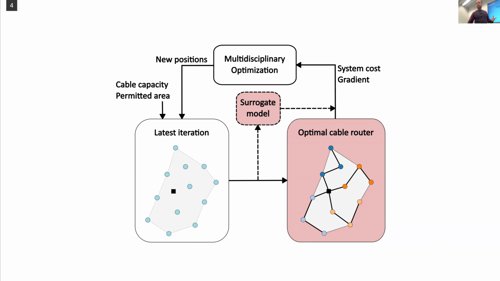But lacking the optimal layout, which takes some time, we could also get only the cost and leave the layout generation for later, for when you have reached the optimal for the entire farm. Then you have more time to do the optimization for one or a few configurations. But during the iterative process of the optimization, you want something that can just provide the system cost, and if you can, also the gradient of the electrical system cost, so that you can guide the positioning of the turbines in the overall framework.